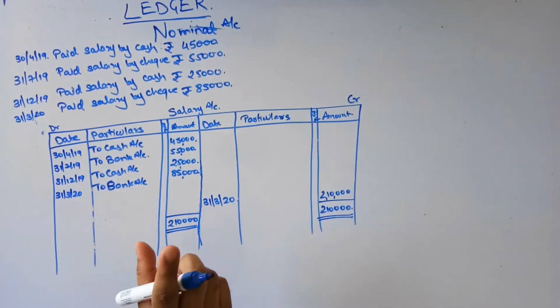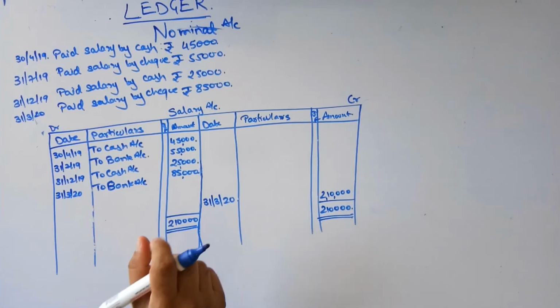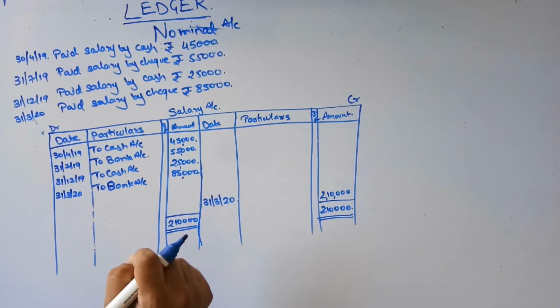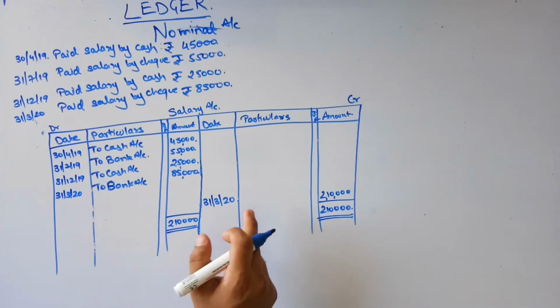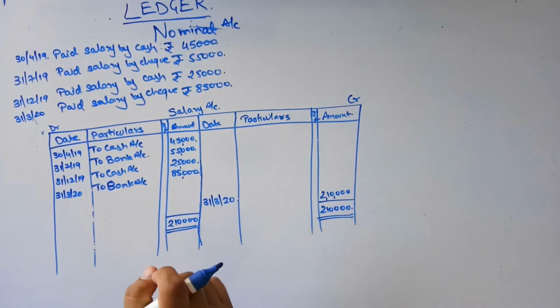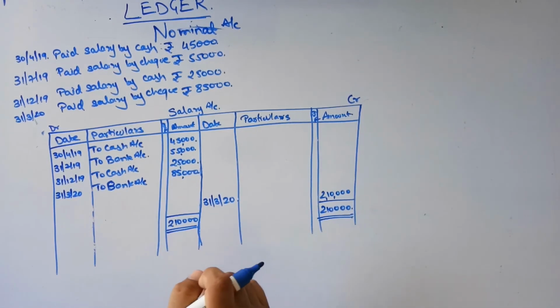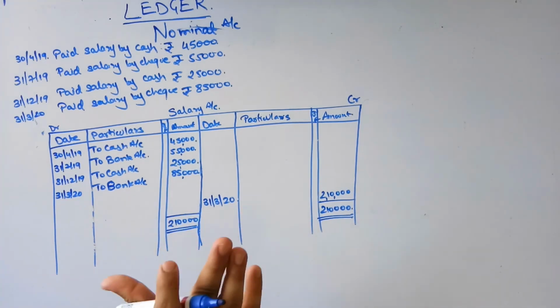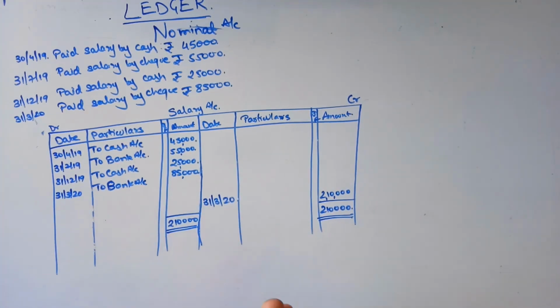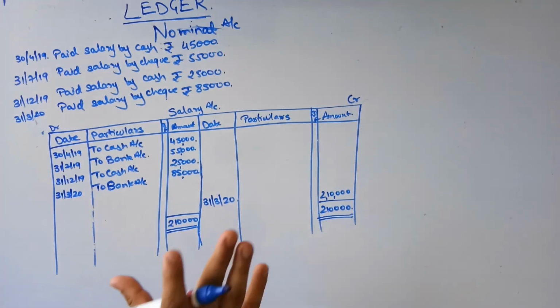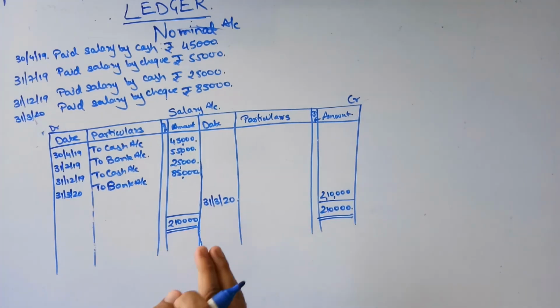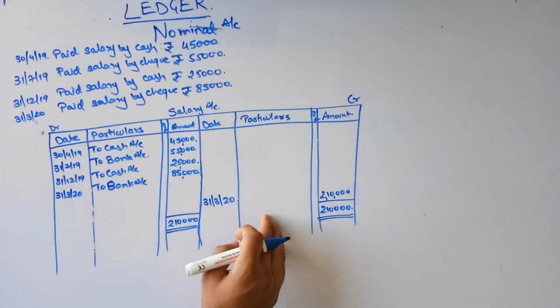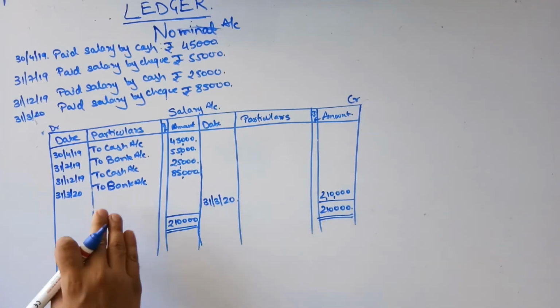Always remember one thing: whenever it is a nominal account, you will always close with the profit and loss account. Why profit and loss account? I will explain completely when we go ahead to the next chapter of financial statements. Until then, please remember only one thing. Whenever we close the nominal accounts, we will write by profit and loss account or to profit and loss account.